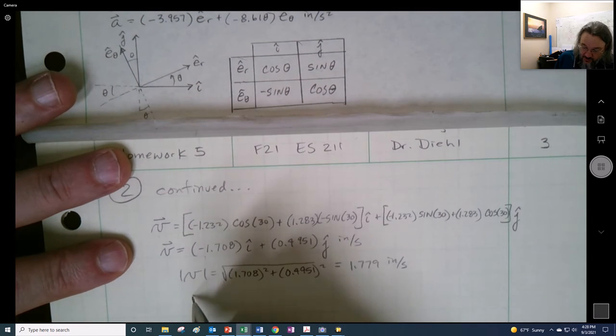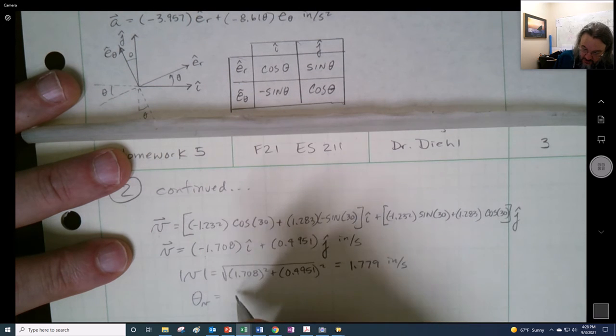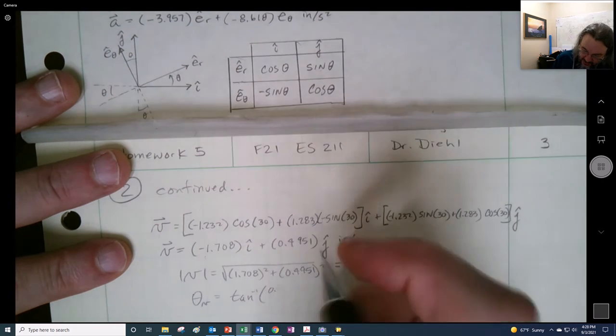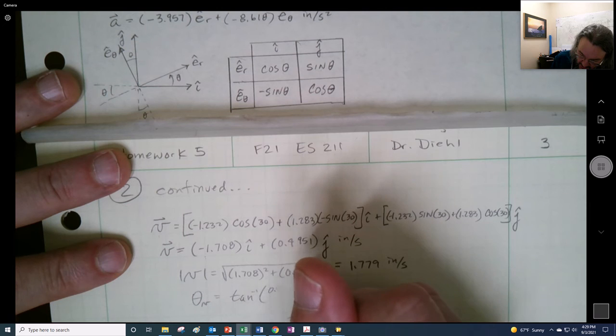We can also find the angle of the velocity, which is going to be the inverse tangent of our rise over run.